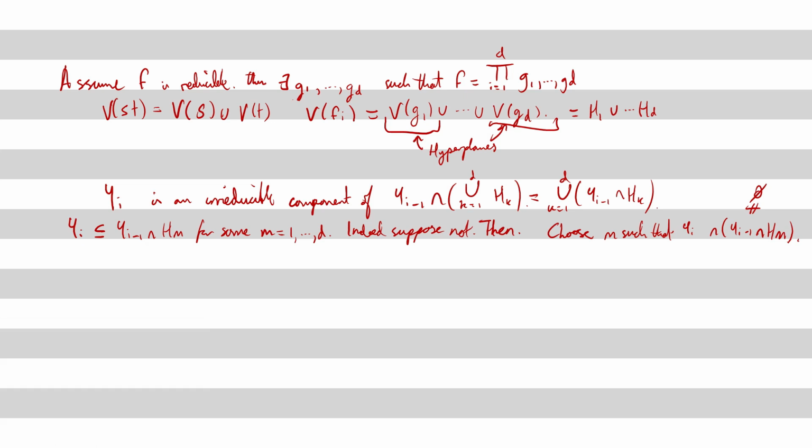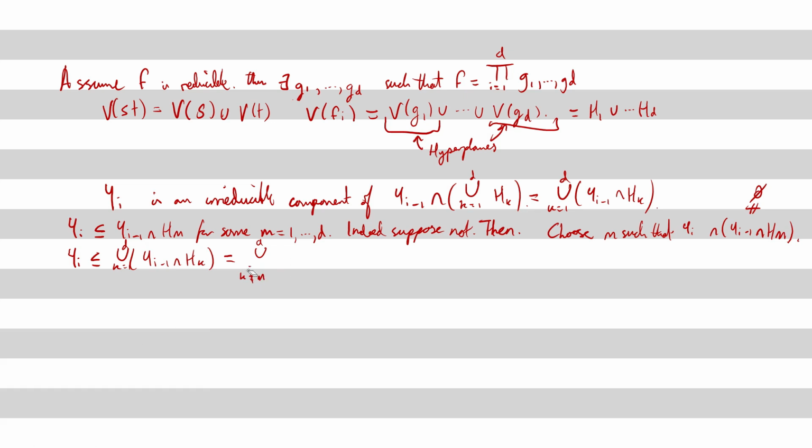Now, Y_i is then a subset of the union from k equals 1 to d of Y_{i-1} intersect H_k, which is equal to the union from k equals 1 to d.